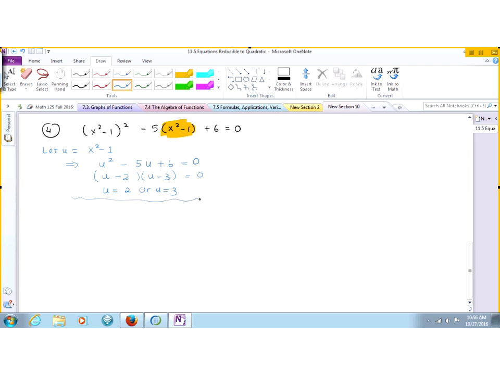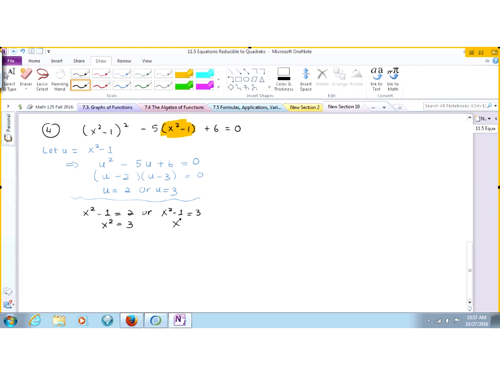With the u, I am. But what about for the x? What do I substitute for u? x squared minus 1 is equal to 2, or x squared minus 1 is equal to 3. Are we okay so far? Okay.